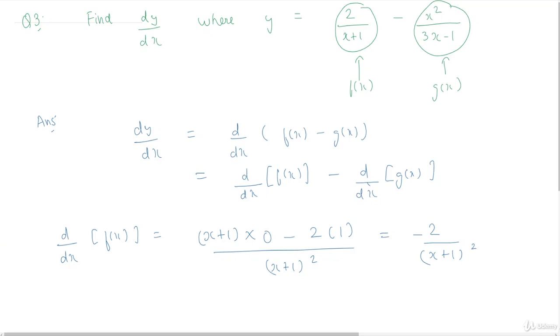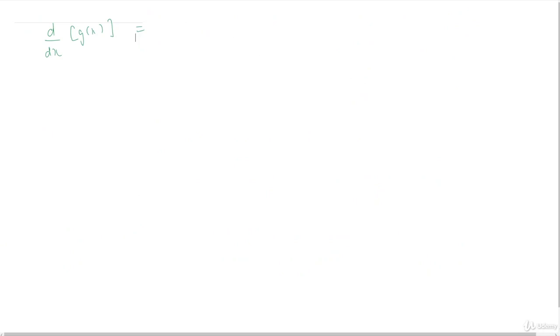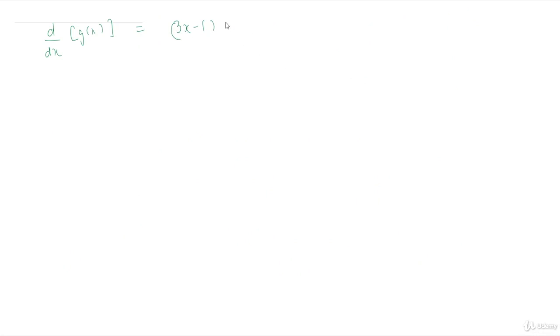So we'll write it as denominator multiplied by differentiation of numerator, that is derivative of x square, which is 2x, minus numerator multiplied by derivative of denominator, so derivative of 3x minus 1, that is 3 minus 0, and this whole is divided by 3x minus 1 whole square.